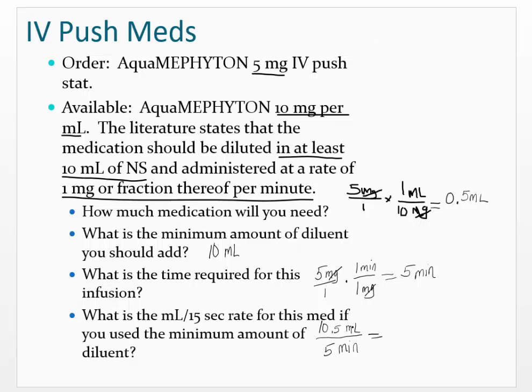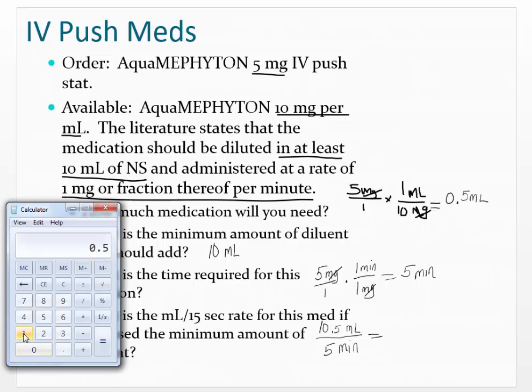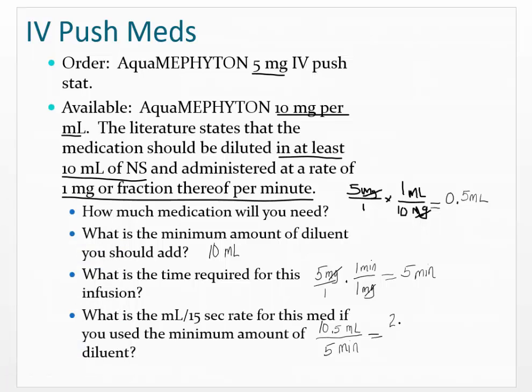So doing this will give me my milliliter per minute rate. Doesn't quite answer this question, but it will help me. So I'm going to go to my calculator and type 10.5 divided by 5, and this gives me 2.1. So my milliliter per minute rate is 2.1 milliliters per 1 minute.